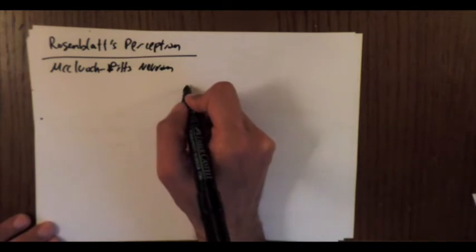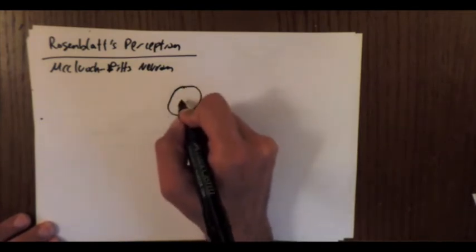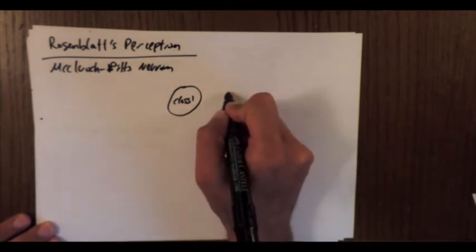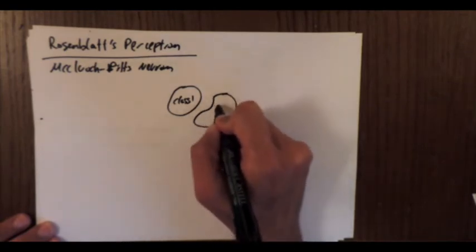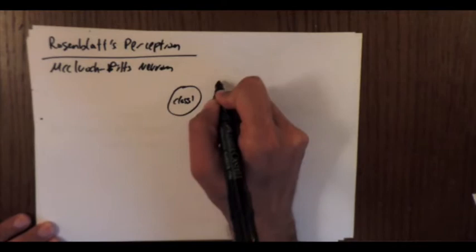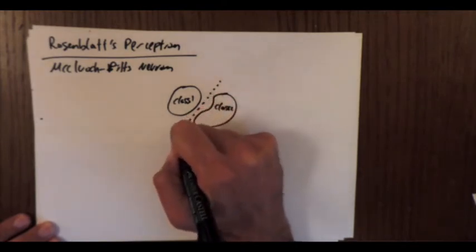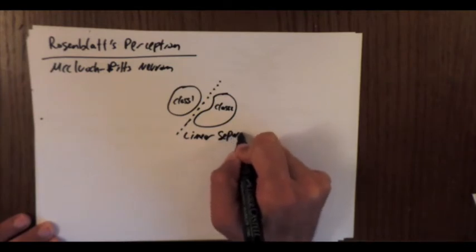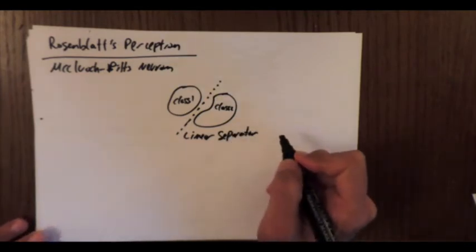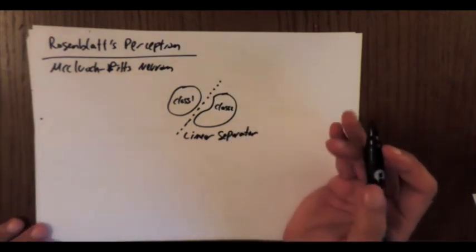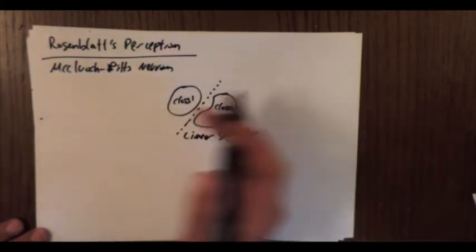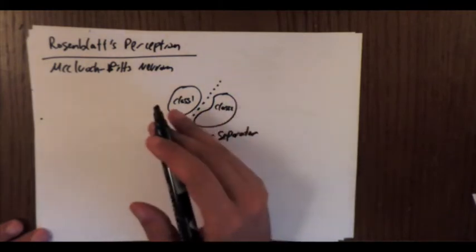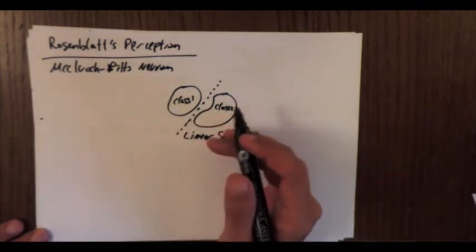Let's say I have class 1 and class 2. I can find a linear separator between the two. I have, let's say, positive cases and negative cases, and I need to classify which are which.